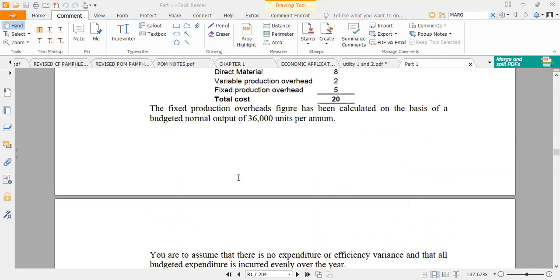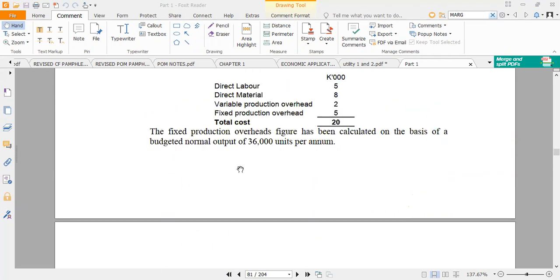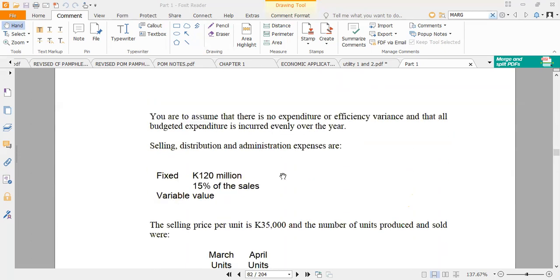Same as the budgeted units: 36,000 units per annum divided by 12 gives 3,000 units per month.